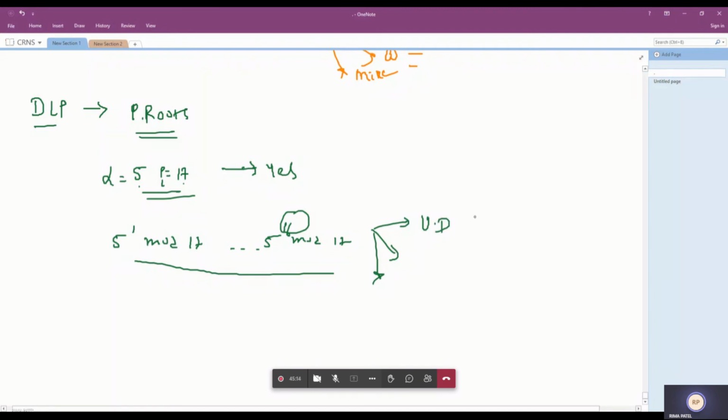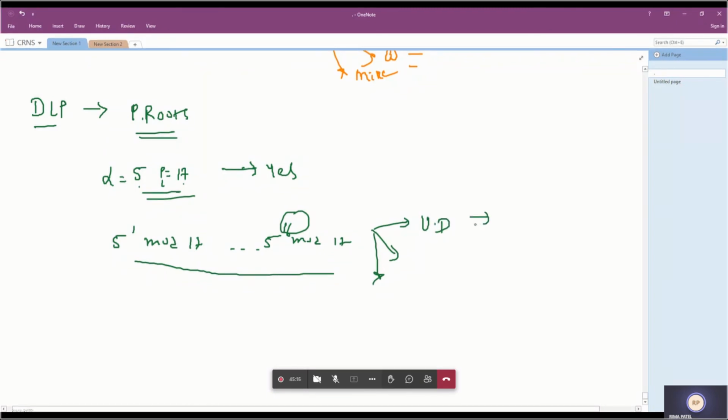This is applicable if and only if this alpha is a primitive root of the prime number. Now this 5 is known as a generator, or we can say the primitive root of your prime number which is given to you.